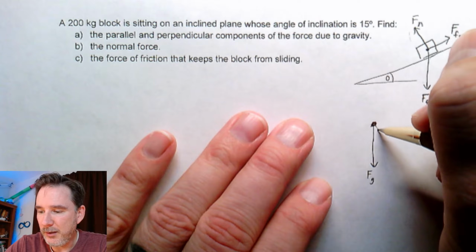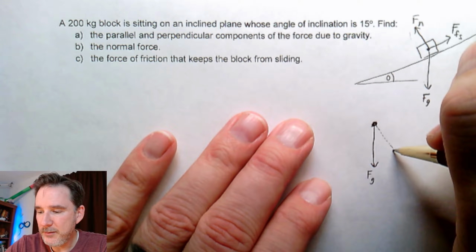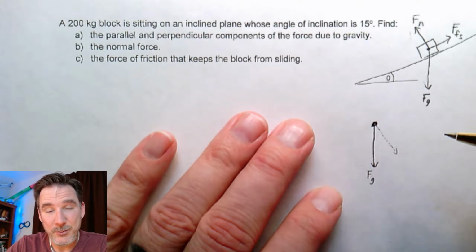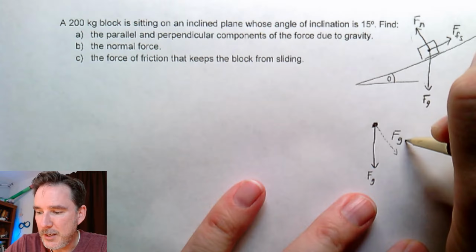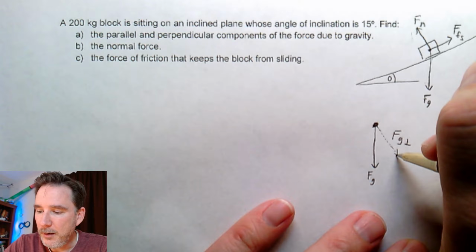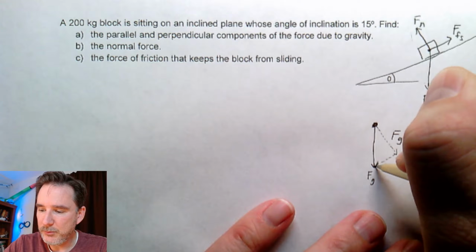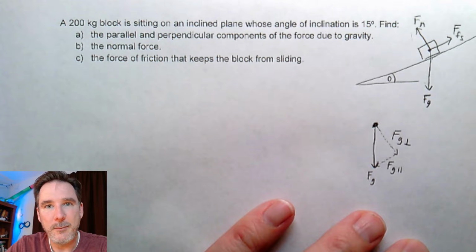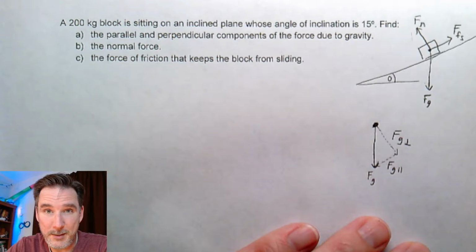I'm going to draw a dotted line perpendicular to the ramp. That is the force of gravity that is pulling the block into the ramp and holding it there. And so I'm going to label that FG perpendicular. That's the symbol for perpendicular. At a 90 degree angle to that, and it's kind of close, I suppose, is the force of gravity that's parallel to the ramp. That's the amount of force that's actually pulling the block down the ramp.